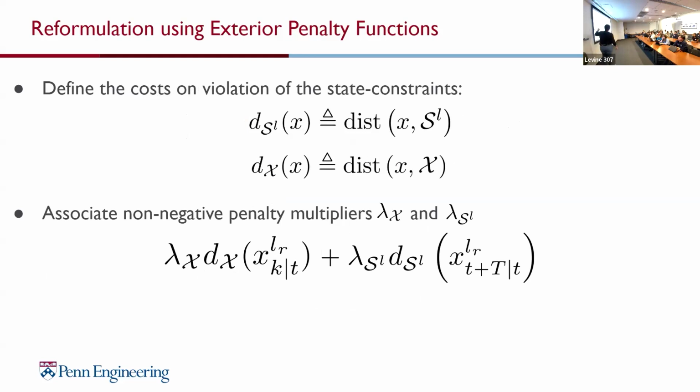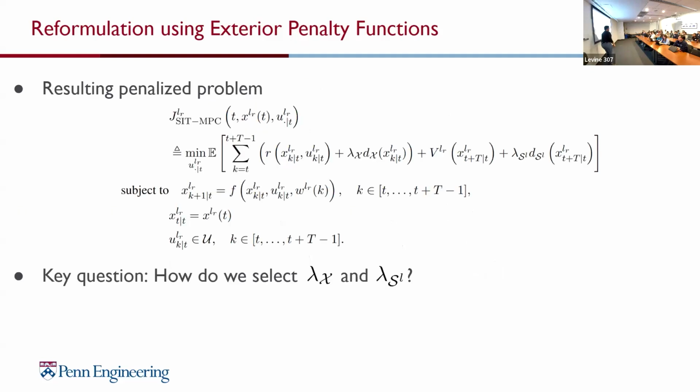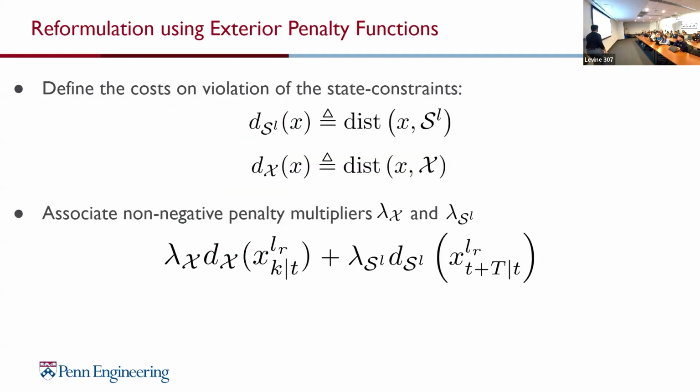We then associate non-negative penalty multipliers, lambda X, lambda S, to each of these terms, and we can then add those as cost to our optimization problem.